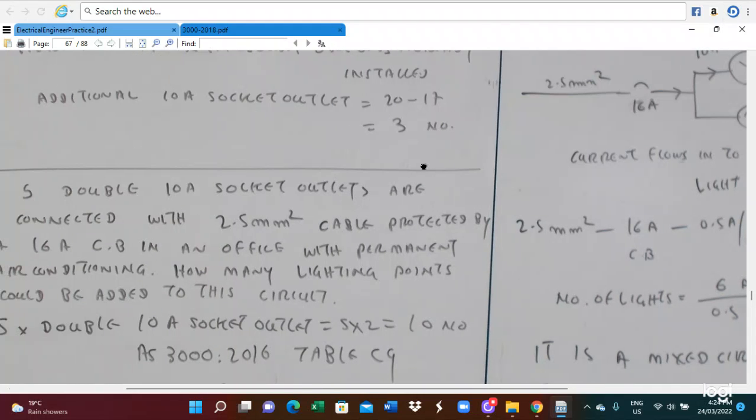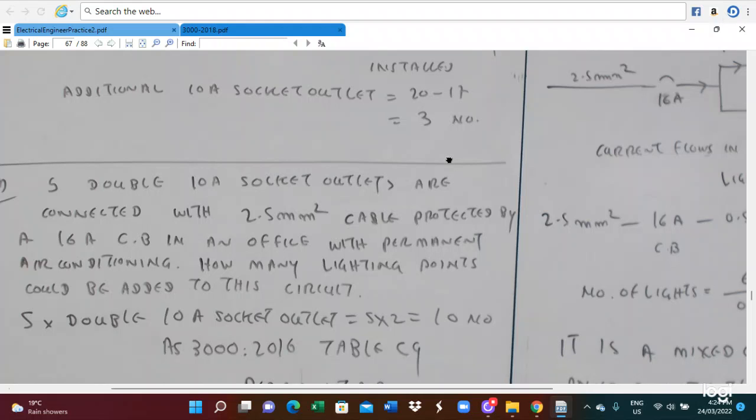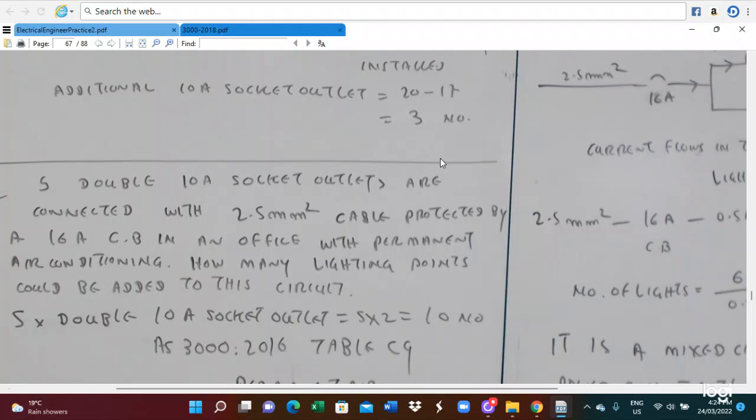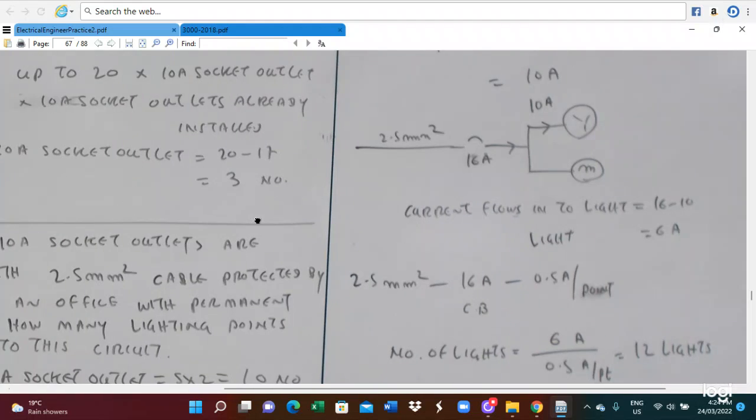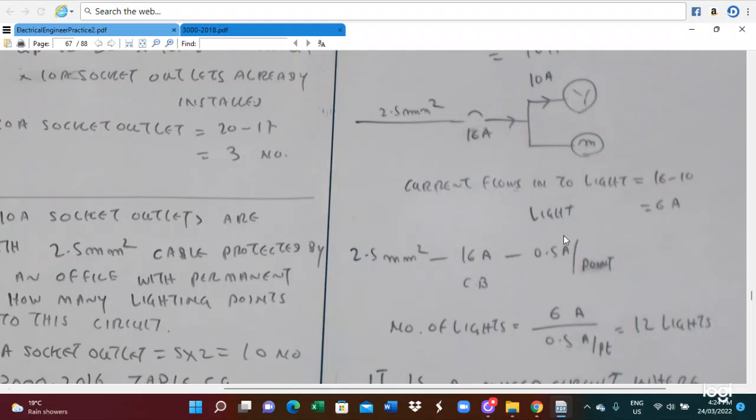And also the lighting points. In this case, you also have to calculate the lighting points. The lighting point is also 2.5 millimeter square, 16 ampere, at 0.5 ampere per point. So how many lights can be installed?